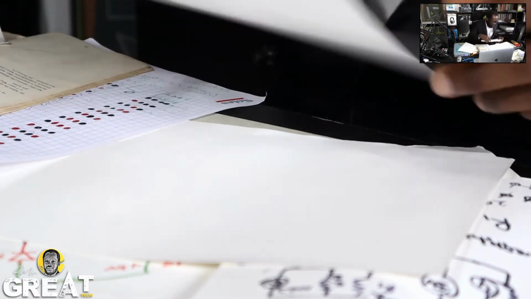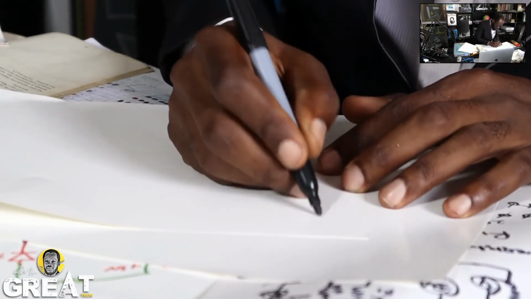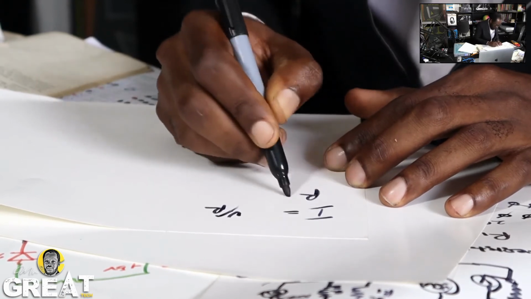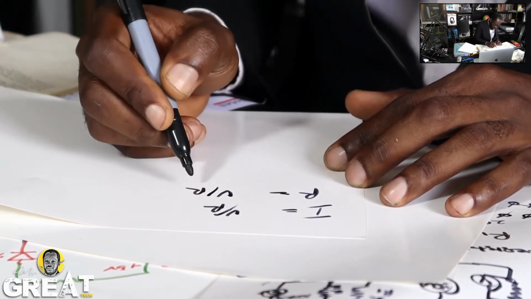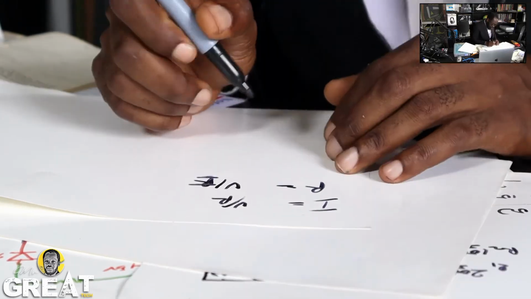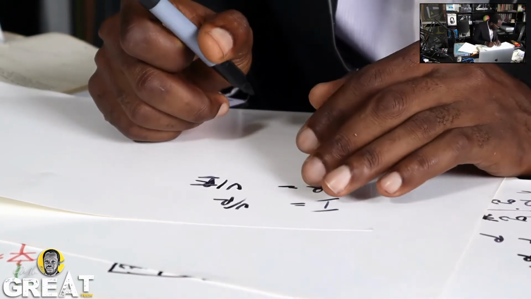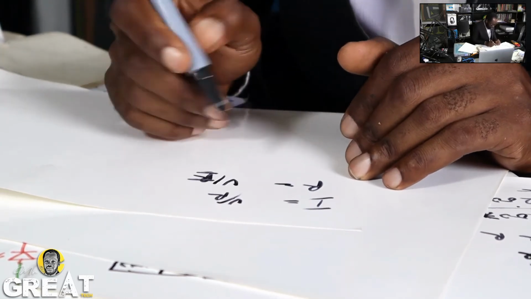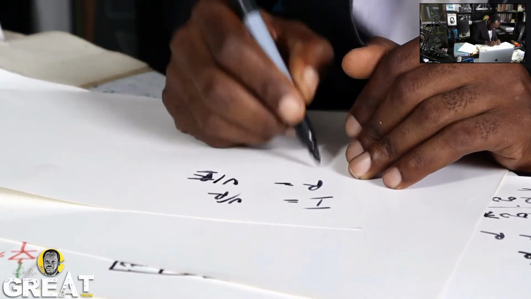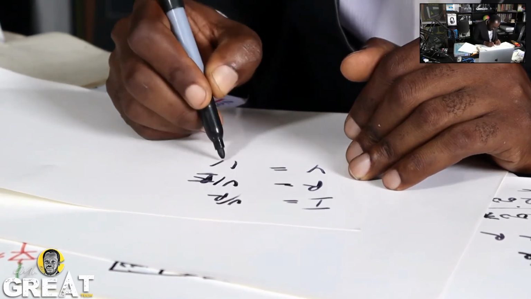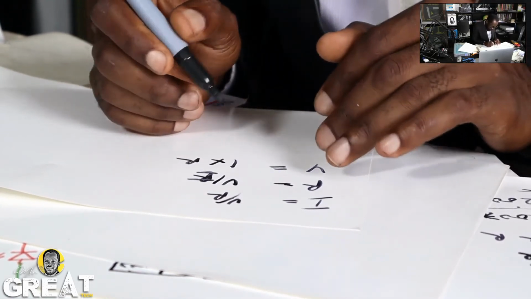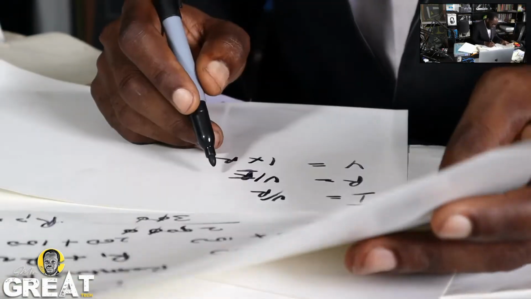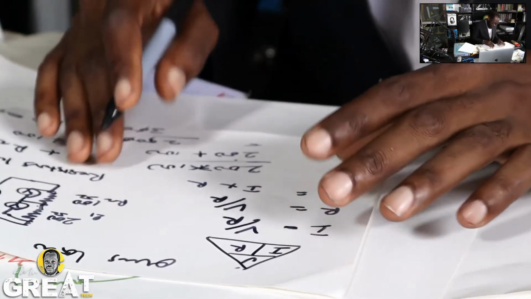So this formula, I equals V over R, and R equals V over I. That is R, and I equals V over R. Then we have V equals I times R. Okay, sorry, I think I made a mistake here.